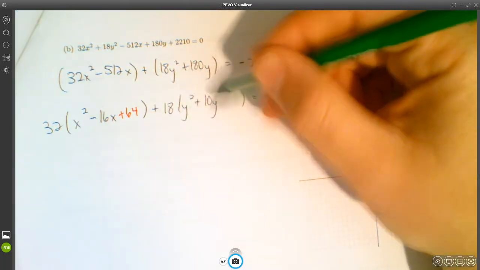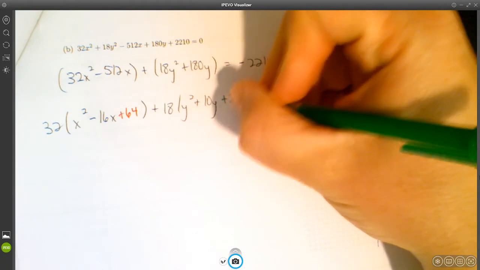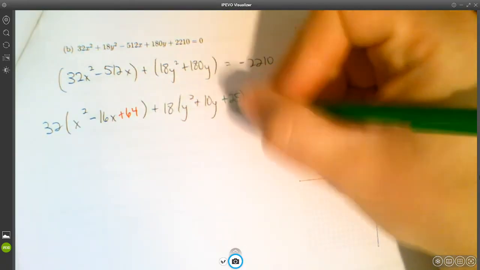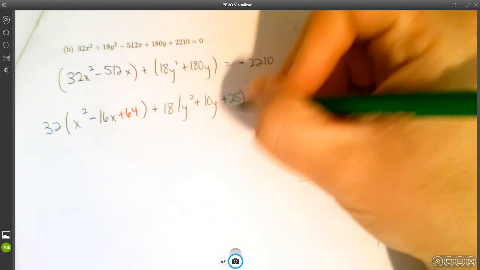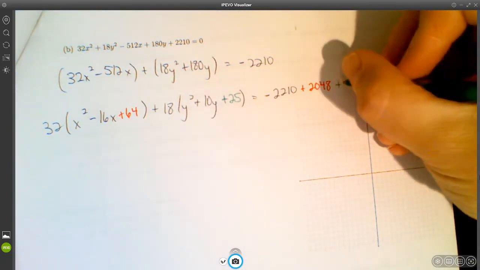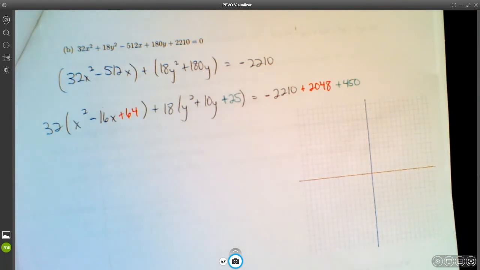In this group, 10 divided by 2 is 5. 5 squared is 25. So I'm going to add 25 to complete the square on that group. But really, what I've added is 18 times 25. So to balance it, on the right-hand side I need to add 18 times 25, which is 450. Okay, let's see what we get now.